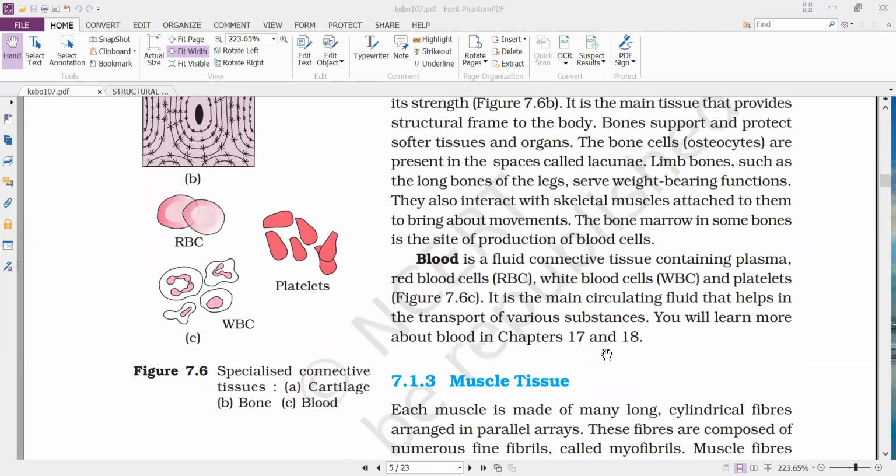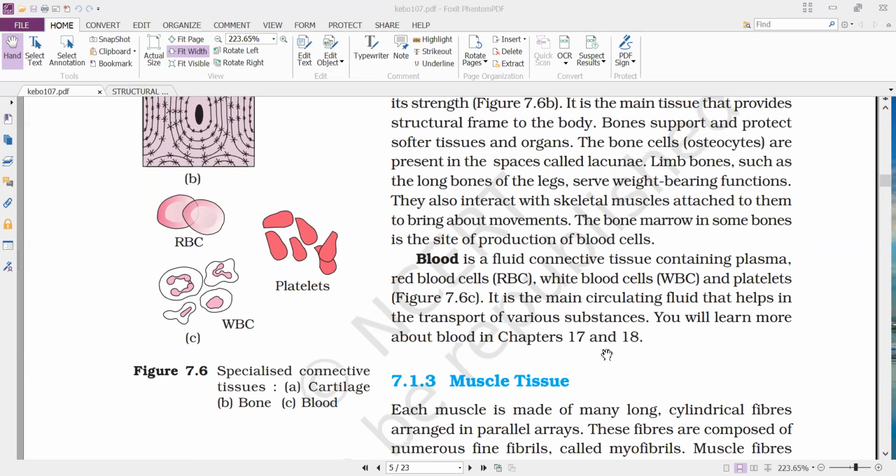Next, coming to another specialized type of connective tissue, that is the blood. Blood is a fluid connective tissue containing plasma, red blood cells, white blood cells, and platelets.